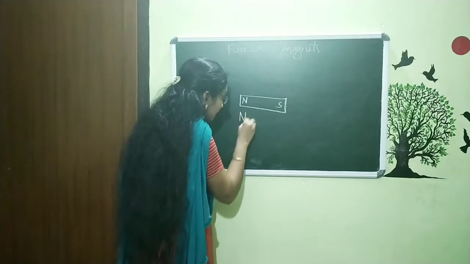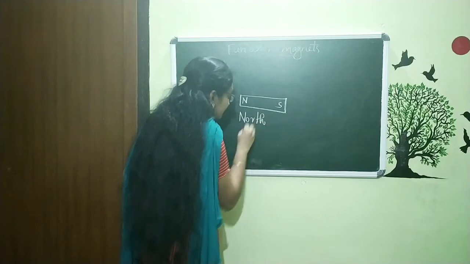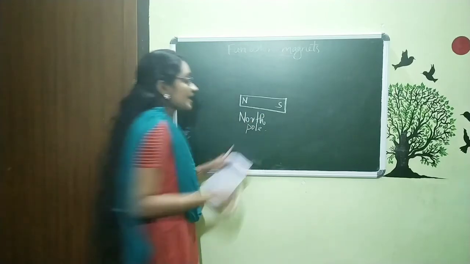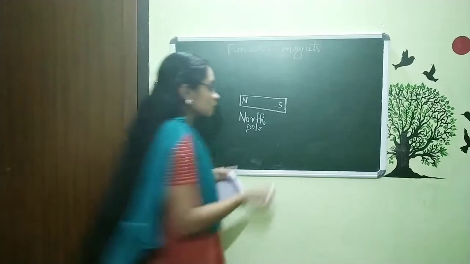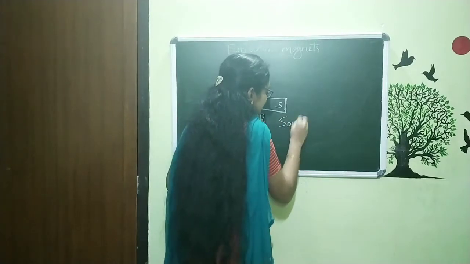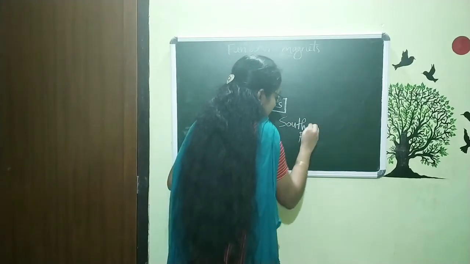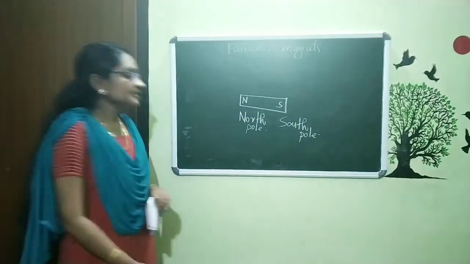N is the North Pole, and S is the South Pole. North Pole and South Pole.